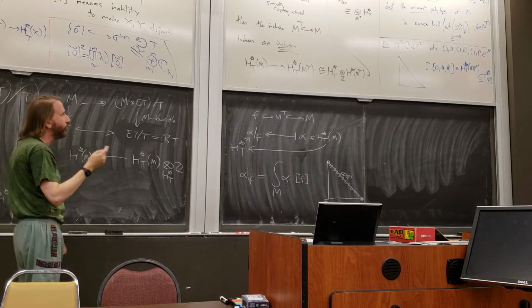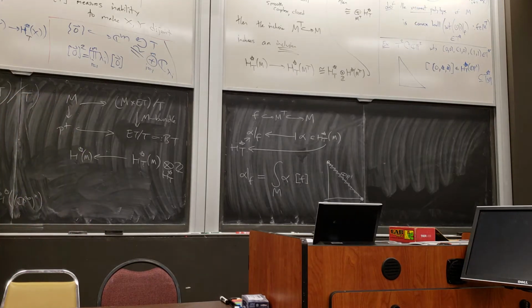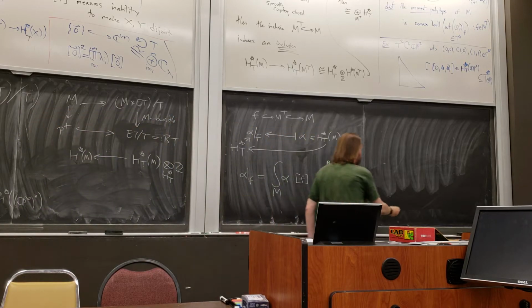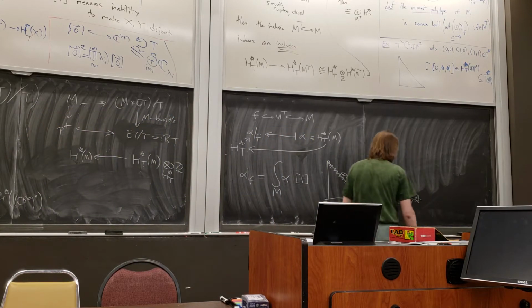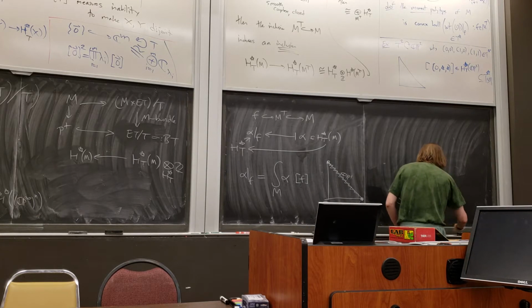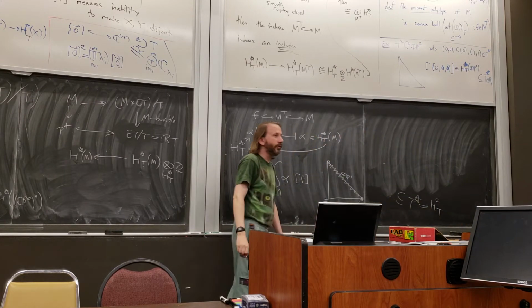H2T is T dual, it's the weight lattice. So this picture that I'm drawing, this polytope I'm drawing inside the weight lattice, that's also where these weights live.